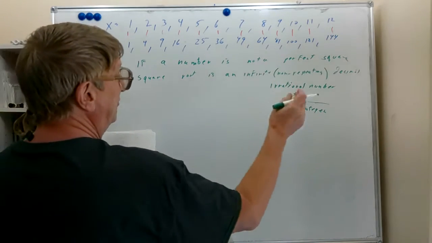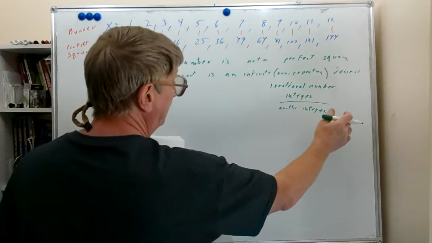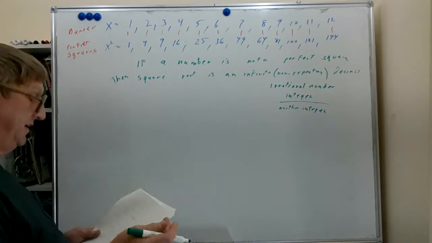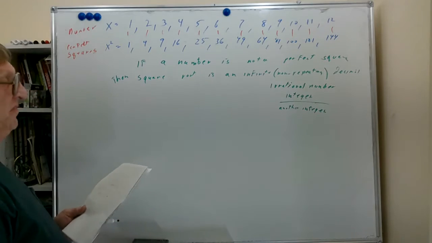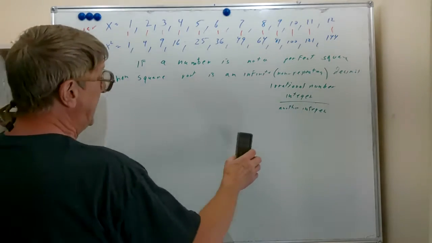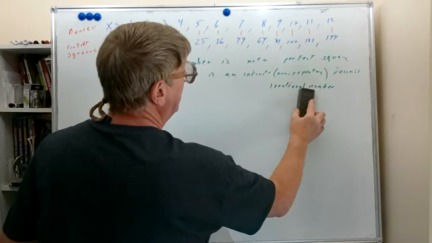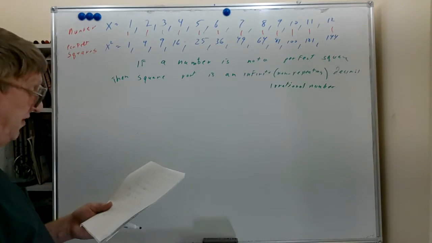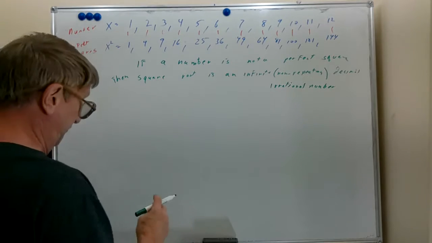So an irrational number cannot be expressed as a ratio of two integers, or as a fraction with an integer in the numerator and an integer in the denominator. Any number that terminates or repeats, you can easily put over 1, and you've expressed it as a fraction.